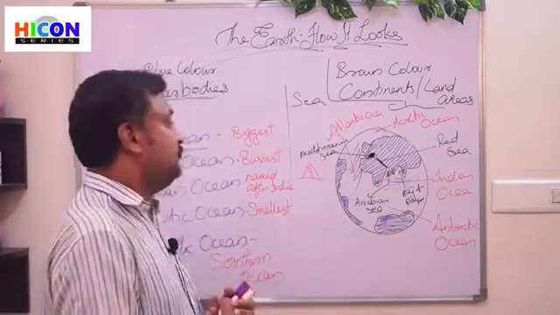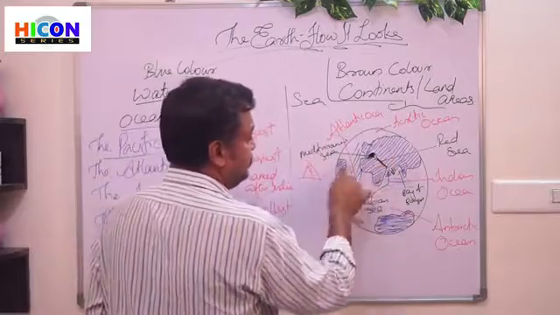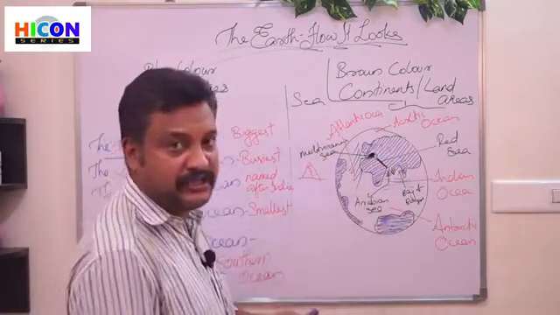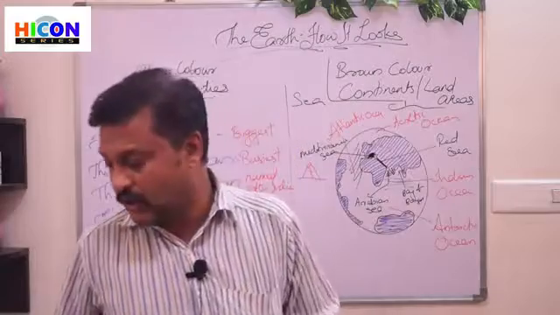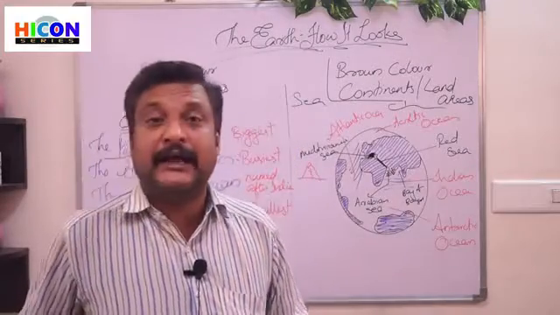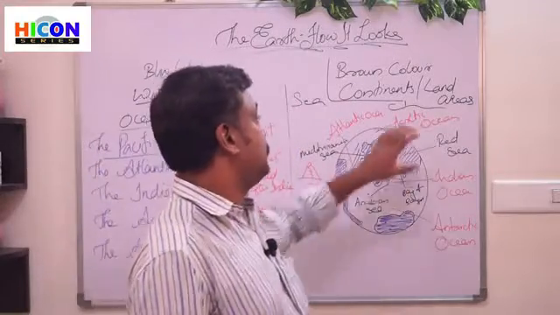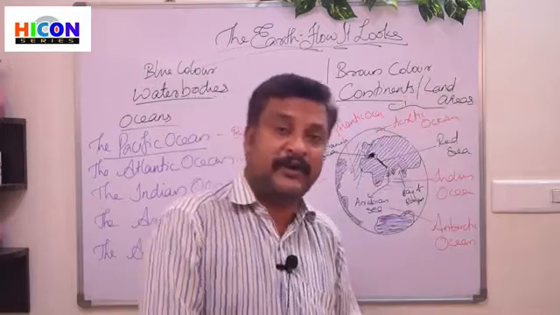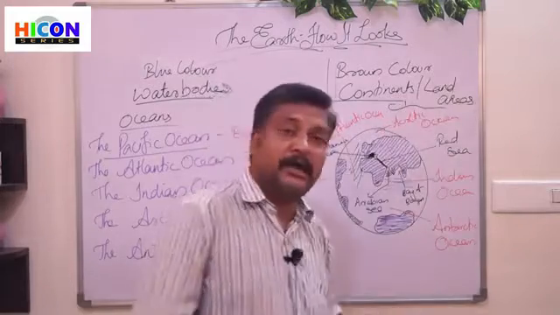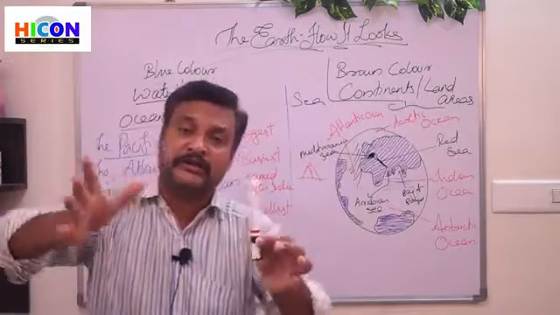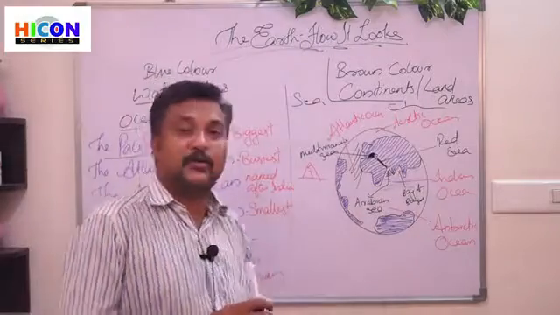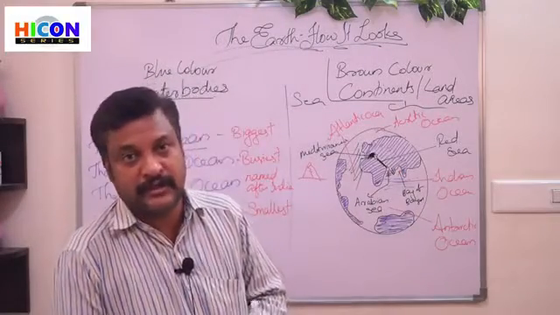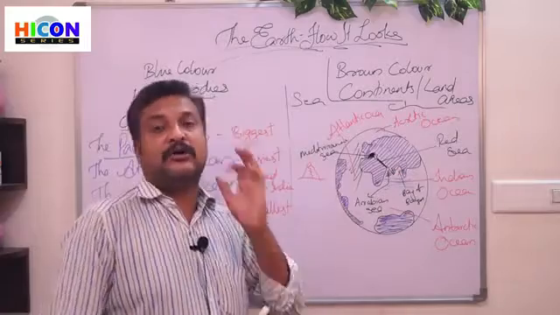Clear? Now we need to think about these other parts. Which are they? The brown colored patches that we can see on a globe are the land mass areas or the continents. So what is shown in brown color on the earth?